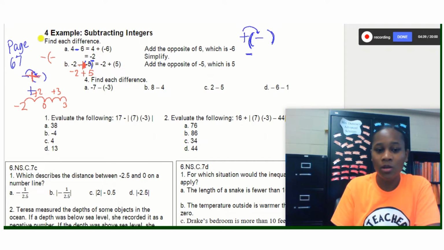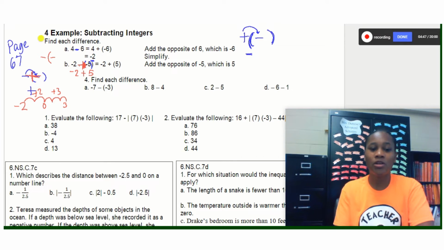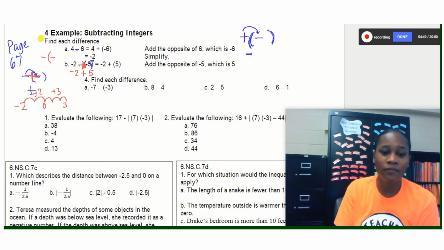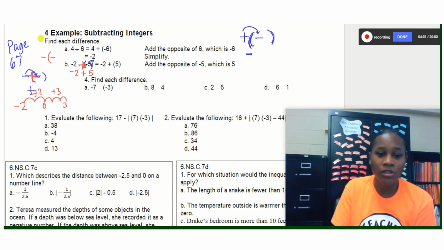Okay. So let's look at some examples. We want to find each difference. So we're starting at negative 7, and then we want to distribute this minus sign into this plus sign. So you can think of it as saying, what is negative 7 plus the opposite of negative 3?